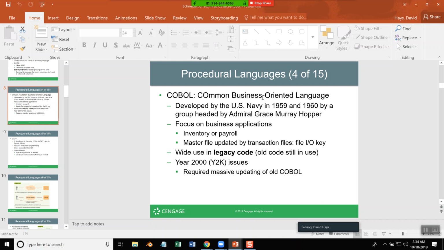And again, COBOL, like I said, was the first big one. Grace Hopper was a big one that helped start COBOL. It's focused on business applications, wide use in legacy code, old code still in use. The year 2000 issue, the Y2K you've heard about, required massive updating of old COBOL.